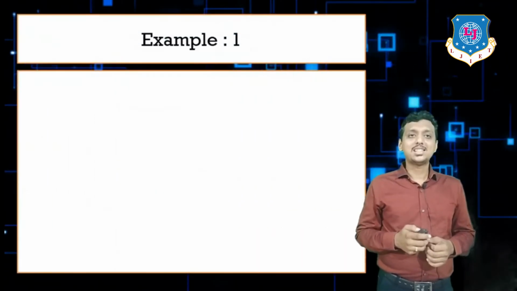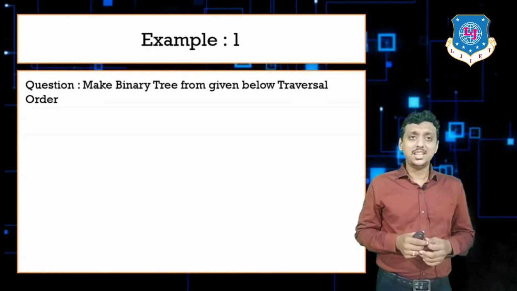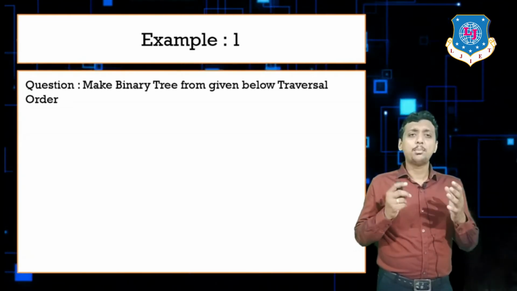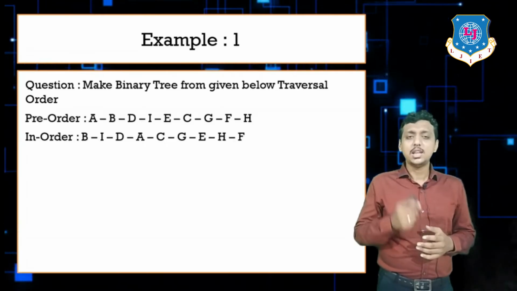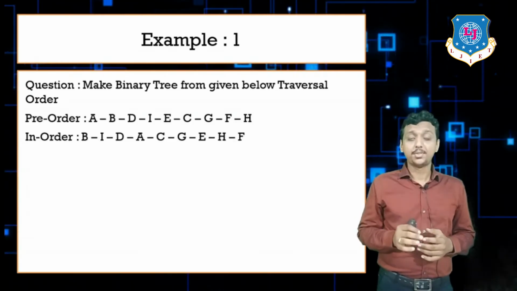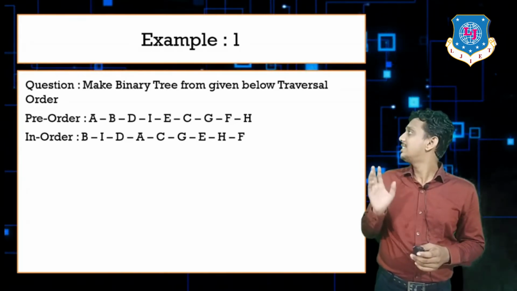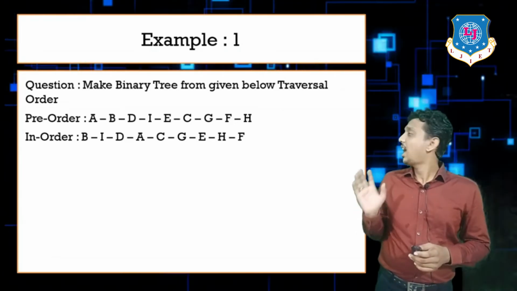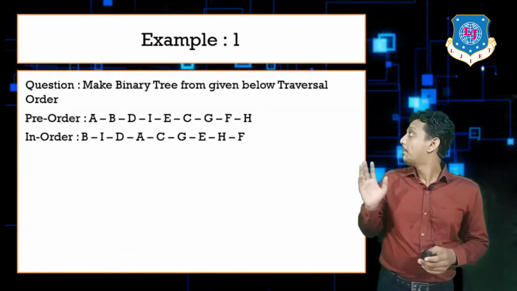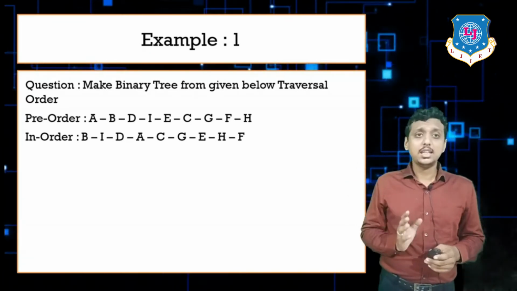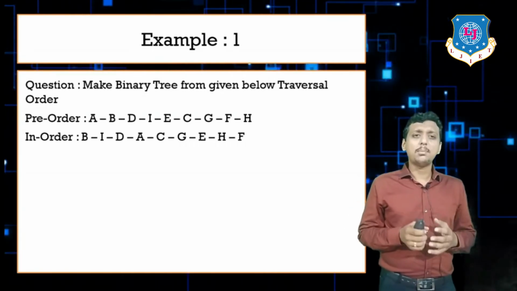So now let's take an example. The question asked in your exam will be: make a binary tree from the given traversal orders. Here we have pre-order and in-order. Pre-order is given like this: A, B, D, I, E, C, G, F and H. And in-order we have B, I, D, A, then C, G, E, H, F. What happens over here?